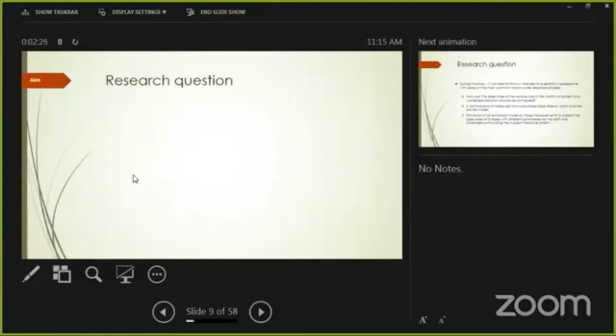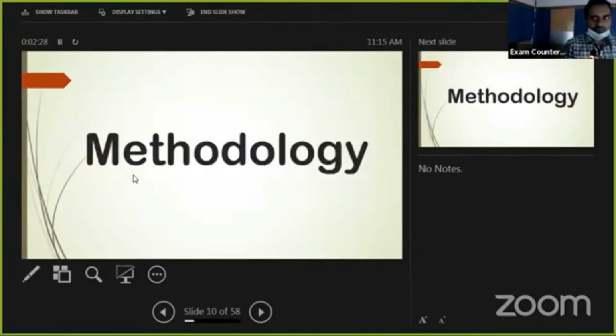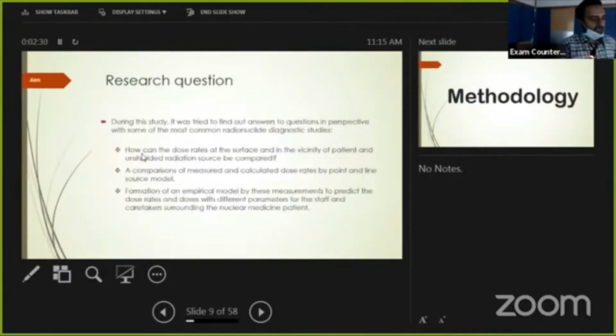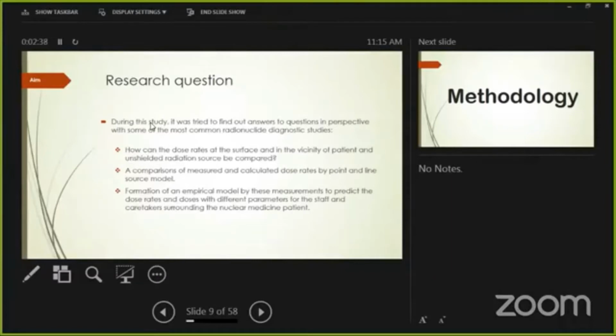So regarding our research, after the injection, that means after the radioactive medicine has been administered to the patient, what will be the dose rates outside the patient? Because whenever we inject it, the patient becomes a radioactive source. So how much will be the dose rate surrounding the patient?